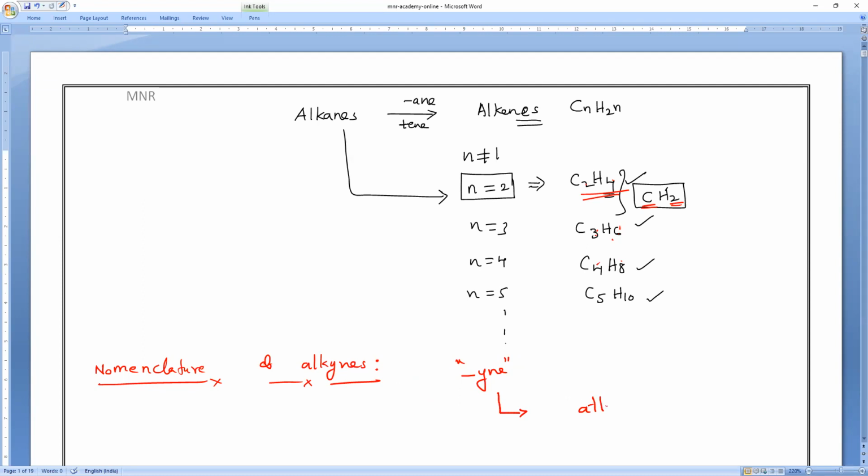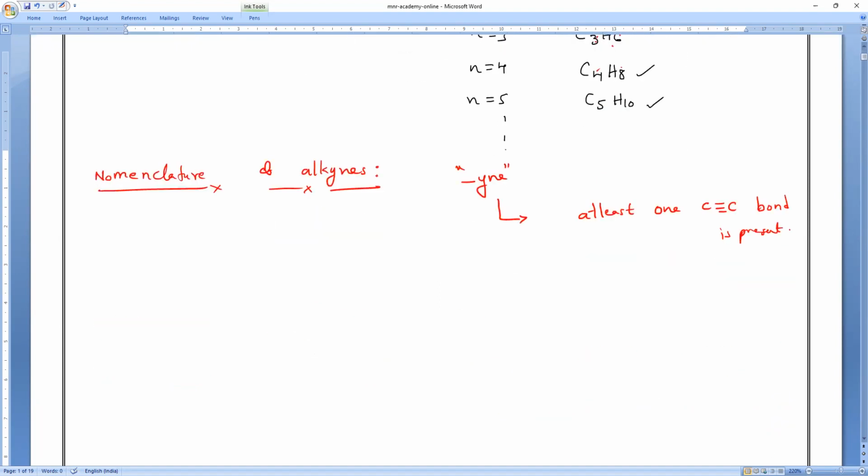At least one triple bond, one carbon-carbon triple bond is present. That is what it is used to say. Alkynes means at least one triple bond.